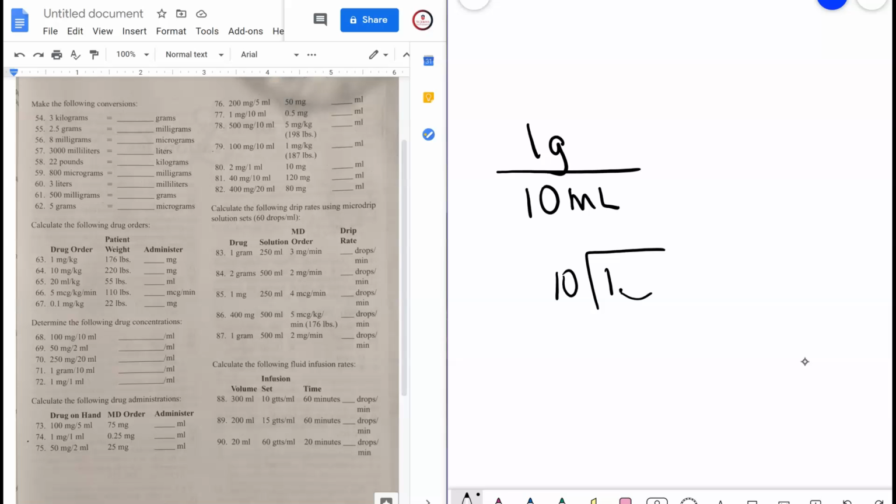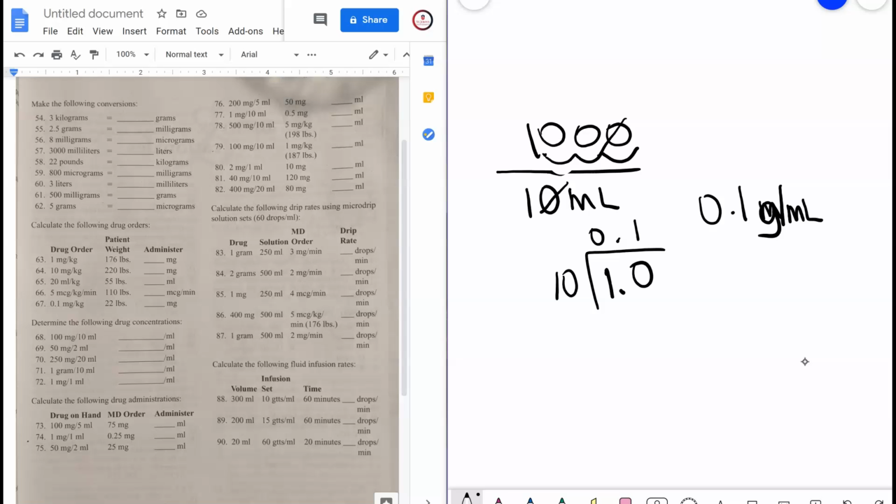You're going to put a decimal point, bring it up top, and add your 0. So 10 goes into 10 once. So it would be either 0.1 grams per milliliter, or you can turn your grams into milligrams, so 1, 2, 3, simplify, and that's 100 milligrams per milliliter.